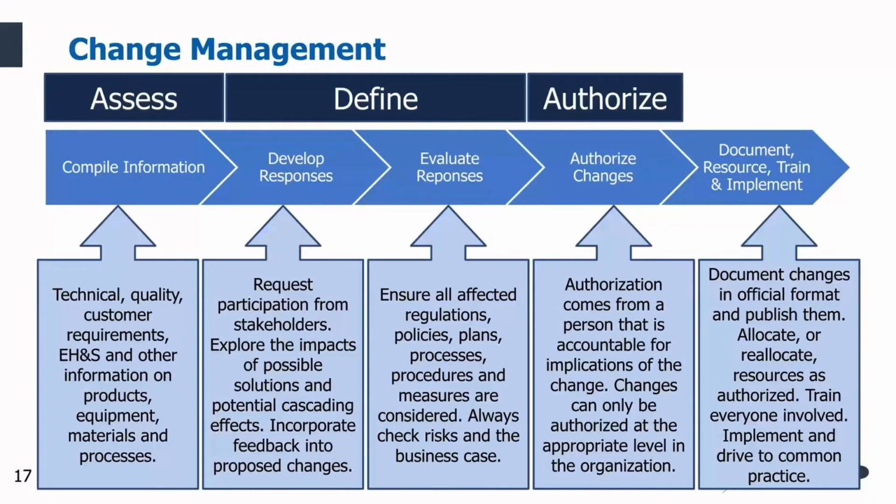Authorize changes just means that. It means that we have the right accountability and the right level of authorization, and then we implement. So hopefully this model pulls it all together to you on what change management is and what are the different elements that come through change management.